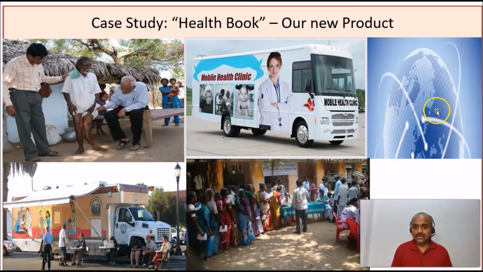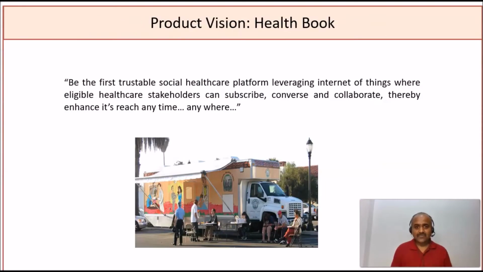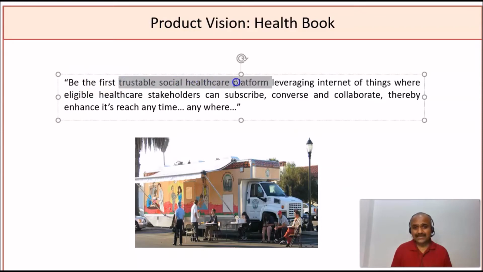So we are leveraging Internet of Things. Our product is called Health Book, and the vision of our product is: be the first trustable social healthcare platform leveraging Internet of Things, where eligible healthcare stakeholders can subscribe, converse, and collaborate, thereby enhancing its reach anytime, anywhere. The key factor is that we want to be the first trustable social healthcare platform. We are building this product in an era where such a product does not exist.